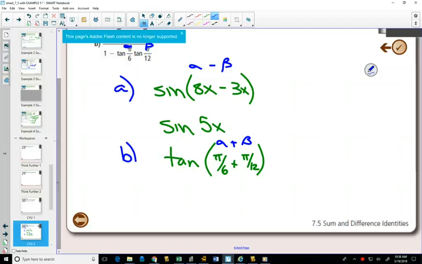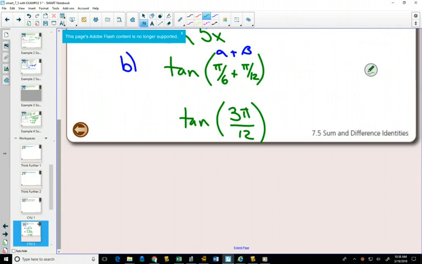Now if I want to simplify those inside, I'd have to get a common denominator to add those. Pi over 6 is the same as 2 pi over 12. So 2 pi over 12 plus pi over 12 is 3 pi over 12. So now we have tan of 3 pi over 12. Is 3 pi over 12 on our unit circle?